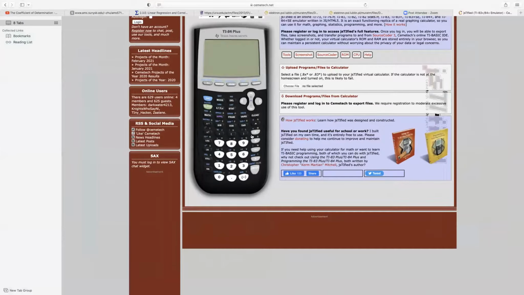Okay, so let's input our data. I go to stats here. I need to put 60, 56, 60, 55, 70, 55, 60, 55. Let me double check my input. 60, 56, 60, 55, 70, 55, 60, 55.